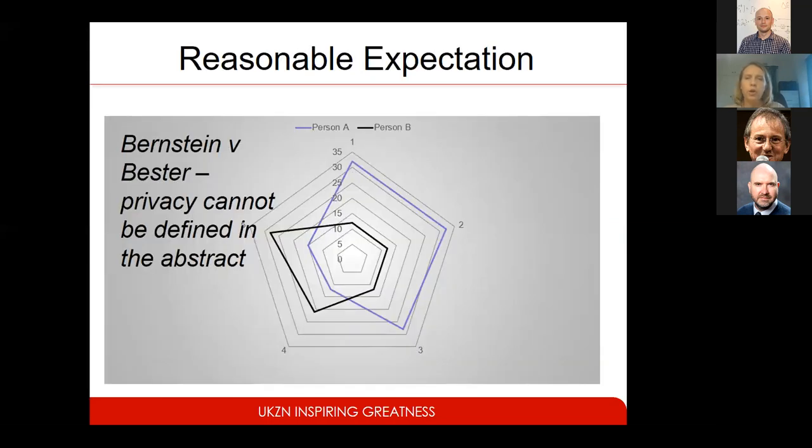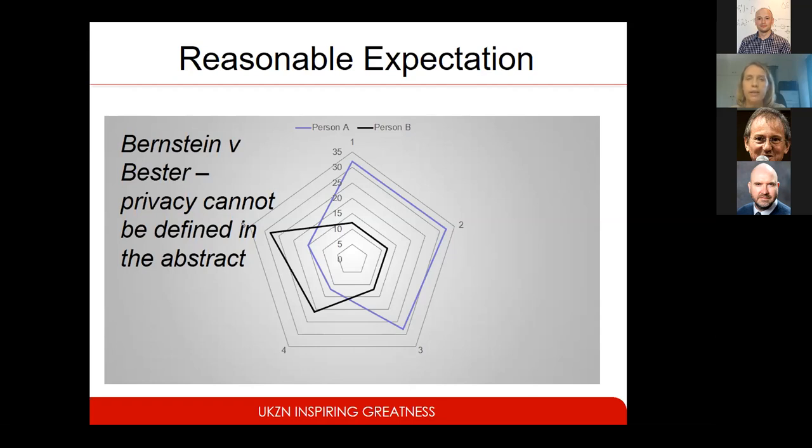Now, if you're asking what the law defines as private information, the answer is that privacy cannot be defined in the abstract, and that comes from various judgments, including Bernstein versus Bester in our Constitutional Court.